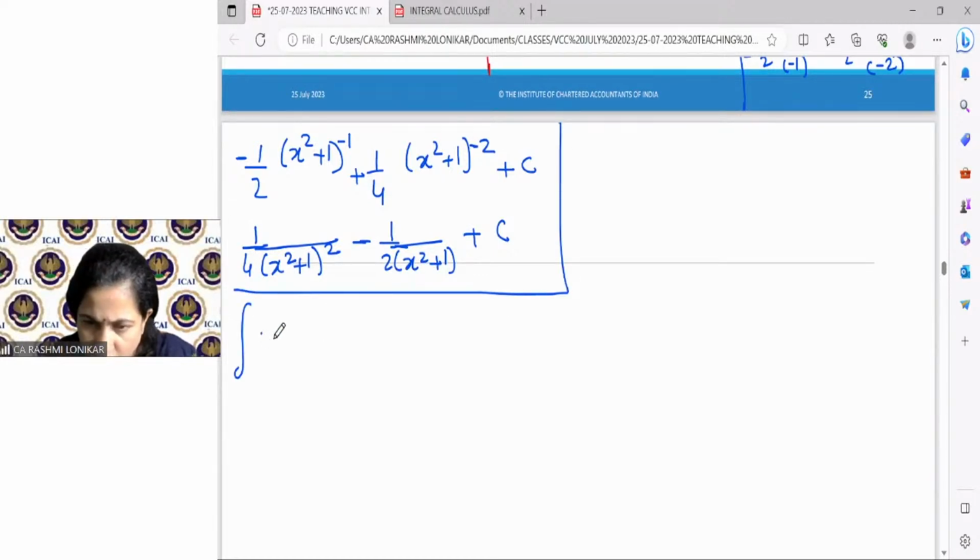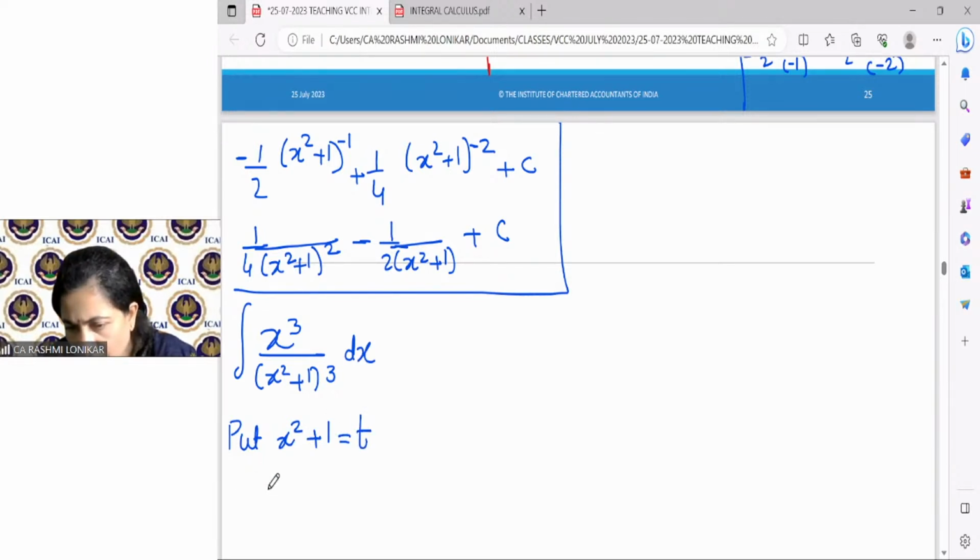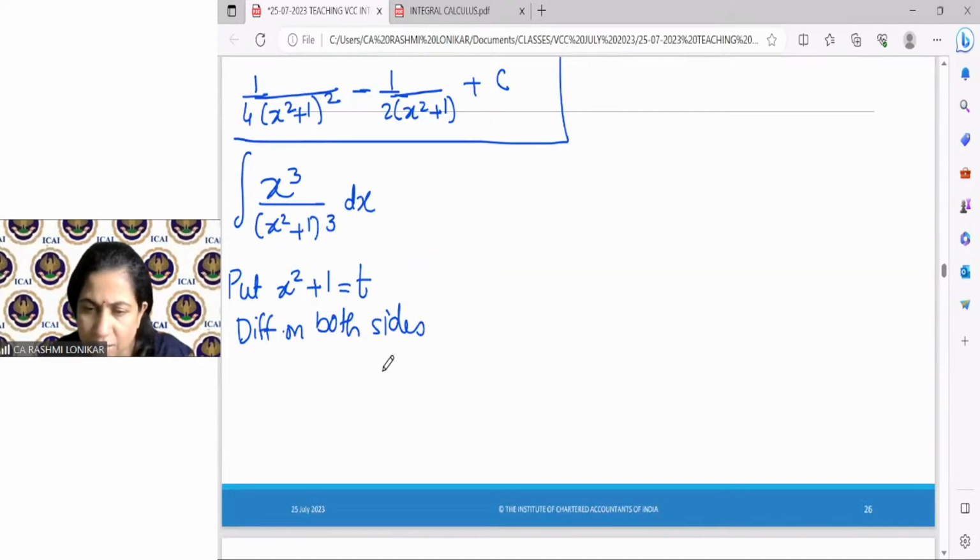What is the question? X cube upon x square plus 1 whole cube dx. What am I going to do? Put x square plus 1 is equal to t. Differentiating on both sides, I get 2x dx is equal to dt.